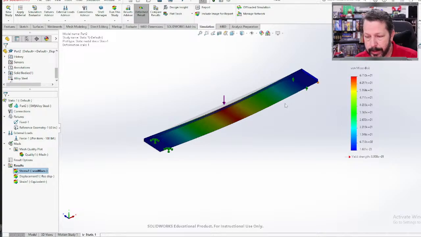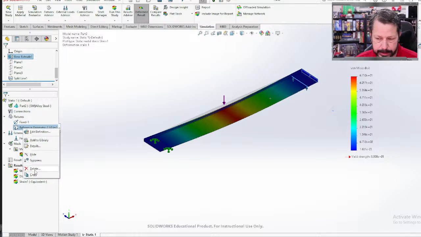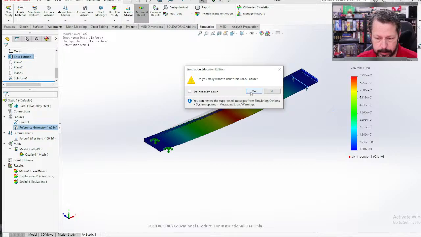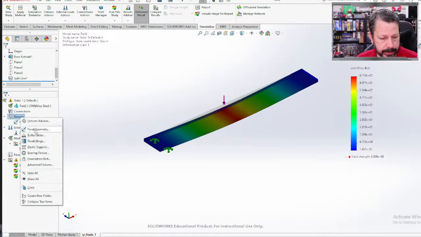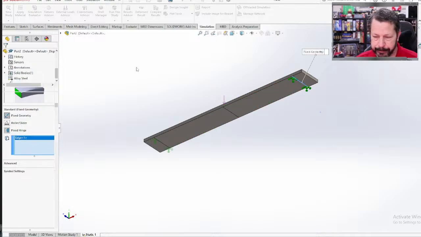Those are KSI, so we're at 67 KSI as our max stress. So let's go to our fixtures here, and let's delete that one. This is the roller. And we will add another fixed geometry on that line, just like we did on the first line.